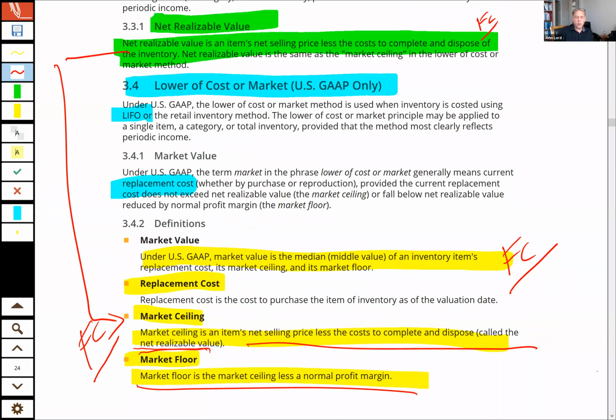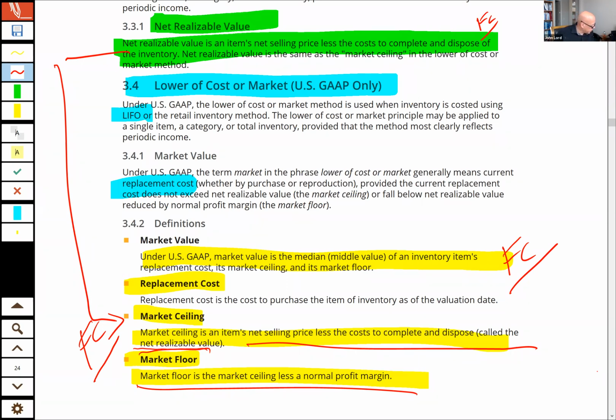That was the only thing I was struggling with, because once you know the definition of ceiling and floor, you take that replacement cost. If it's over the ceiling, then you're going to use the ceiling. If it's below the floor, you use the floor. If it's not over the ceiling, not below the floor, you use the middle amount, you use the replacement cost. Always use the middle amount. Okay.